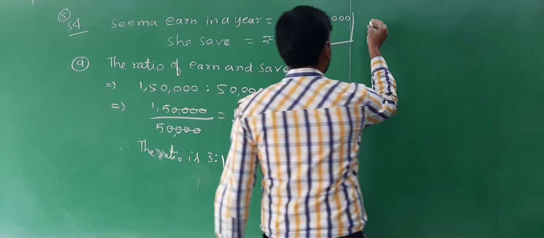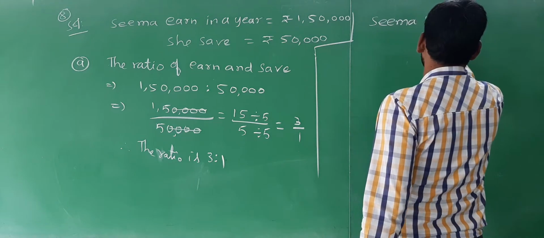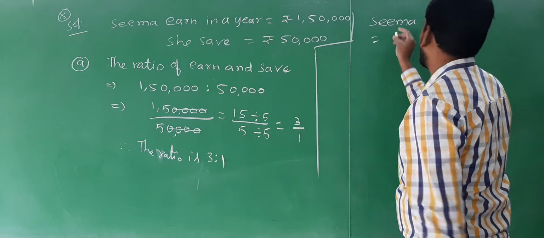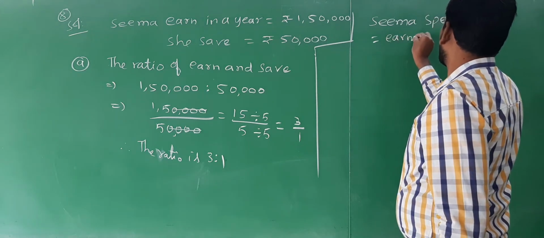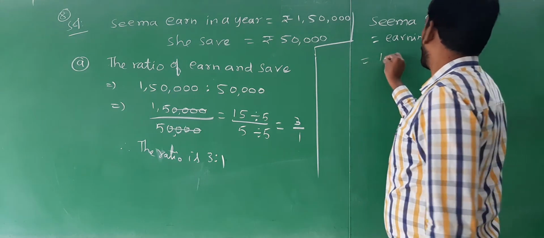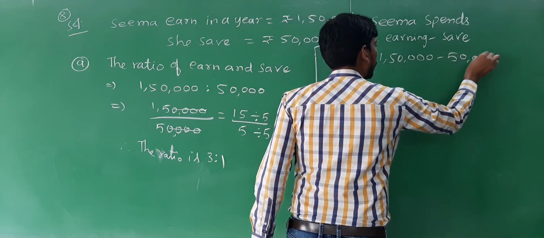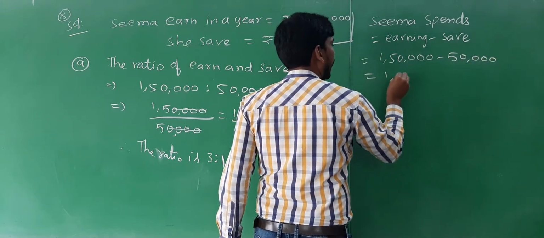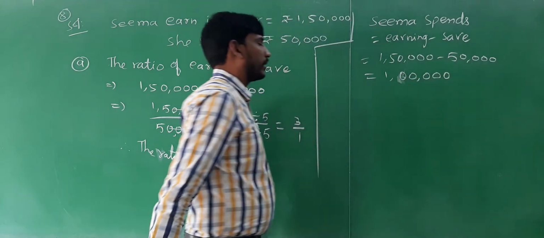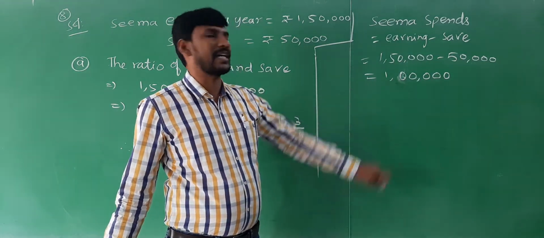Seema's spend is equal to earning minus save, which is equal to 1,50,000 minus 50,000, which is equal to 1 lakh. So 1,50,000 minus 50,000 is nothing but 1 lakh. So this is the spend in a year, this is nothing but expenditure only.